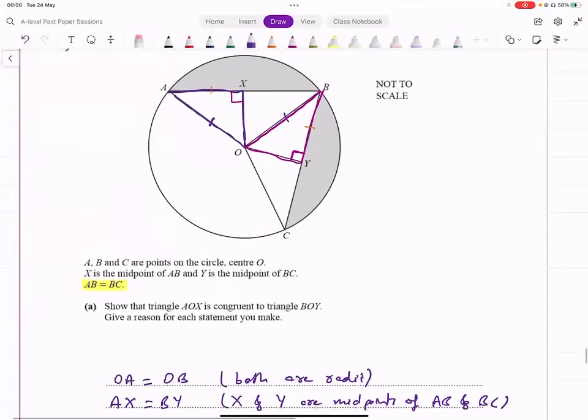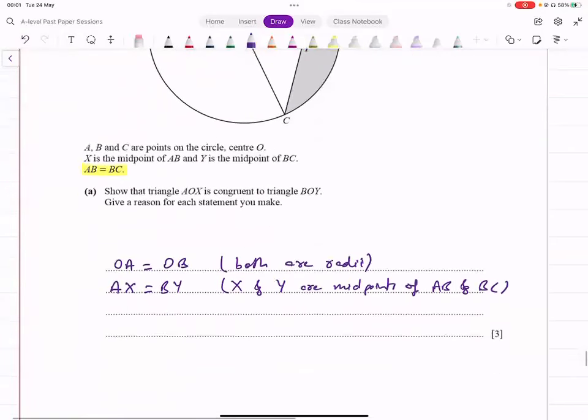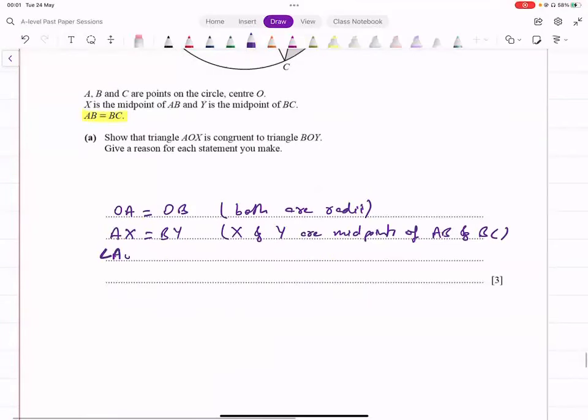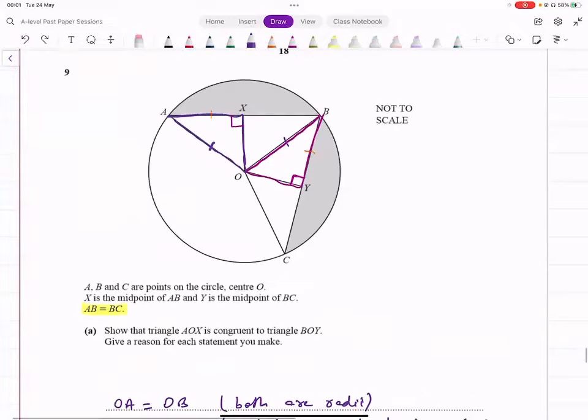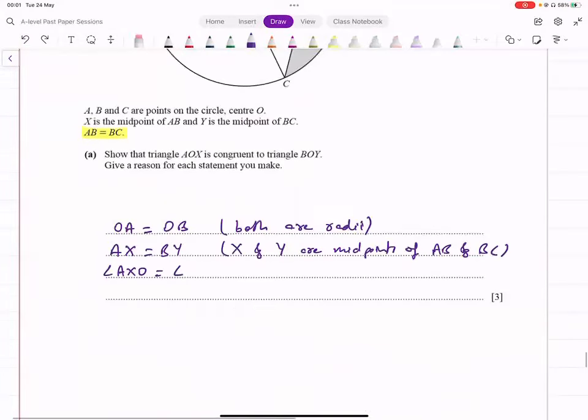So here we can say the angle AXO and the angle BYO, they're both equal and they're both equal to 90 degrees. Both are 90. What's the reason for that?